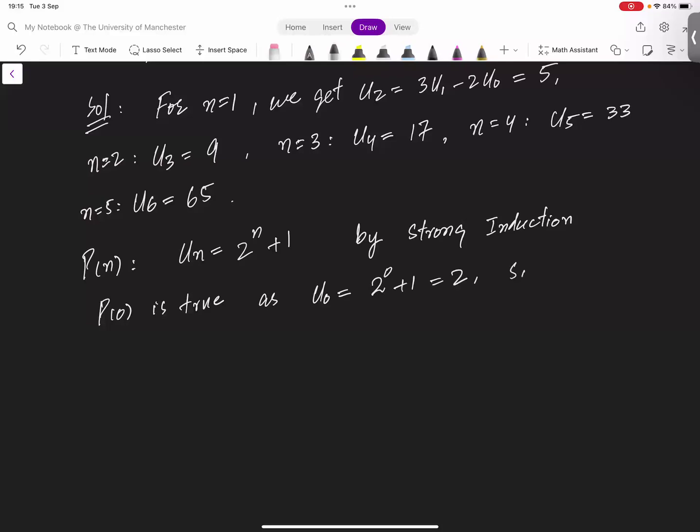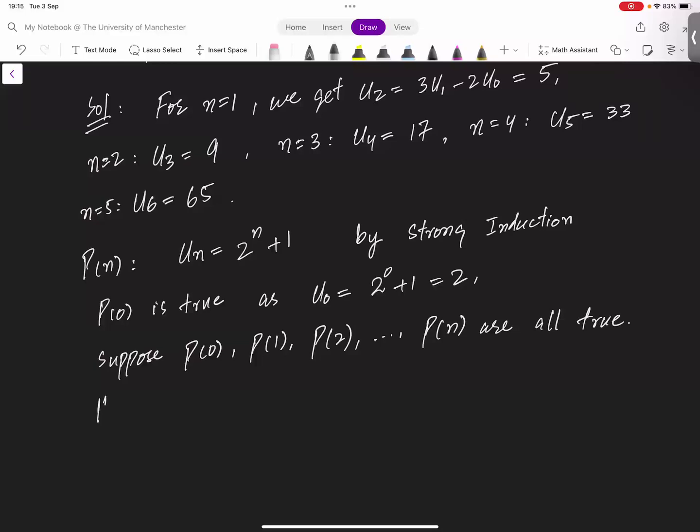And suppose P of 1, P of 2, up to P of n are all true, then un is 2 power n plus 1 and un minus 1 is 2 power n minus 1 plus 1.